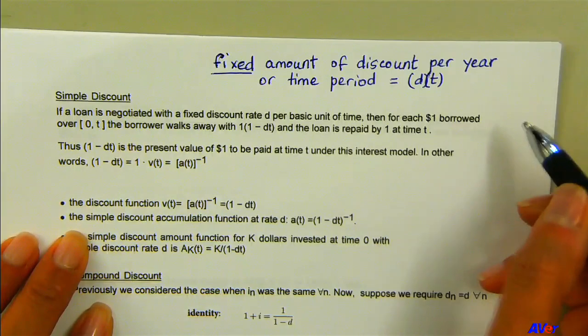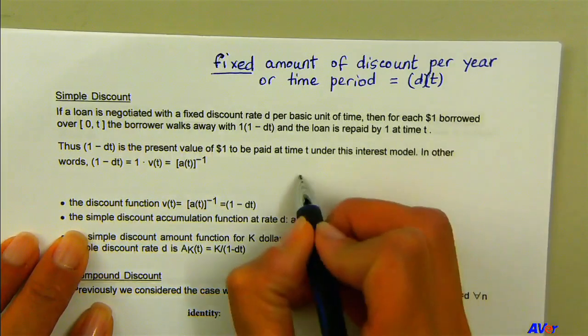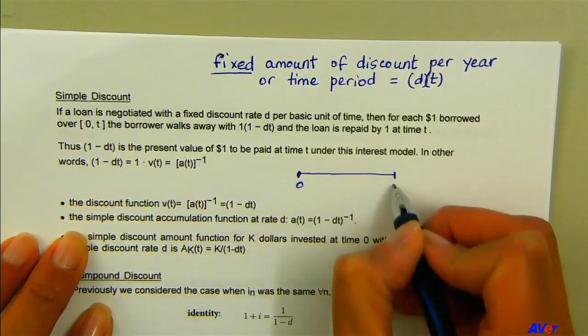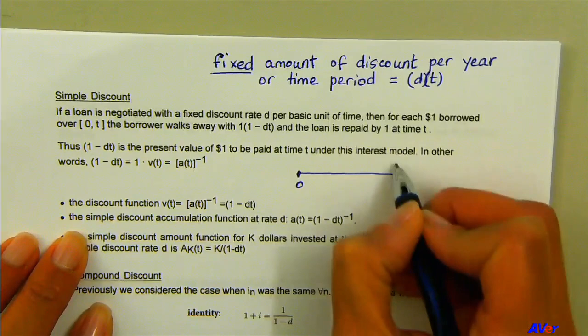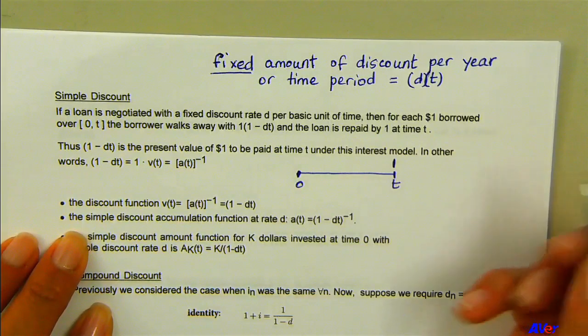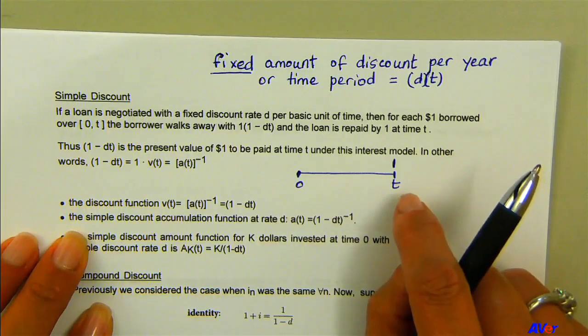So let me draw a diagram which will describe to you what is going on. Let us talk about time 0, time t, and let us say that $1 is borrowed. Remember that in the case of discount, the amount that you borrow is written at time t.